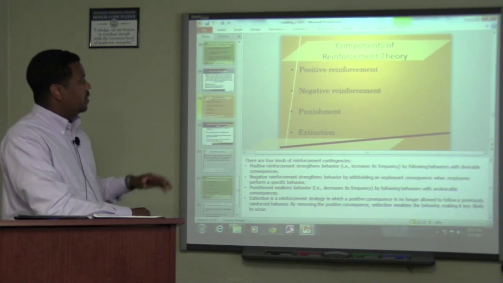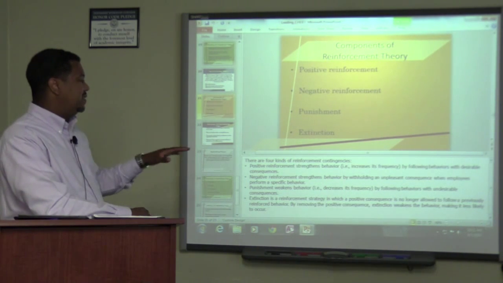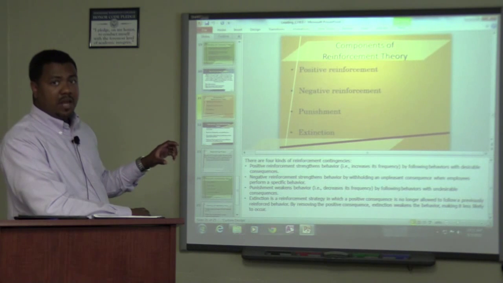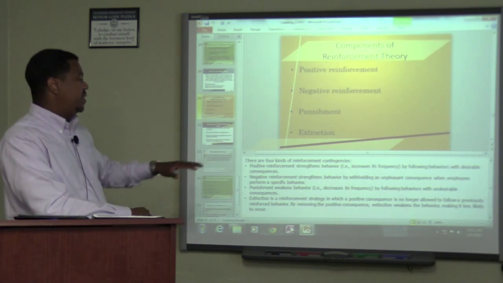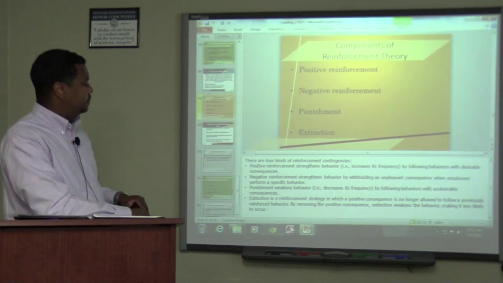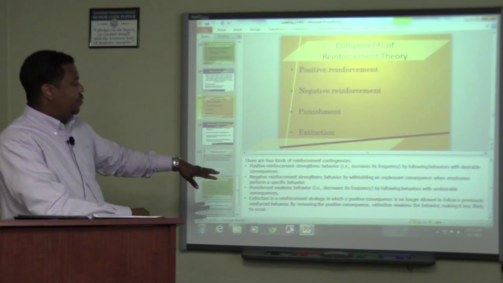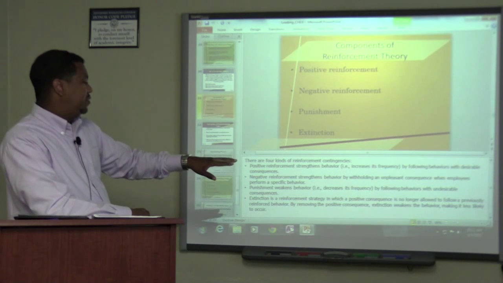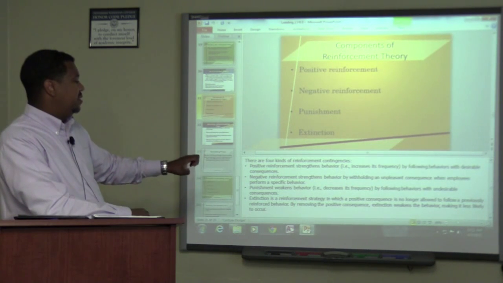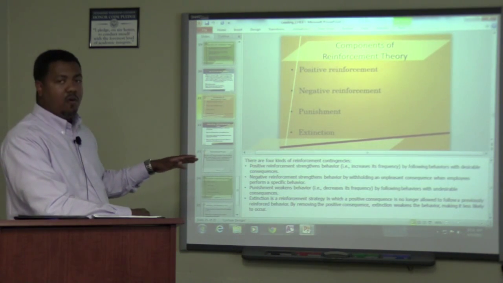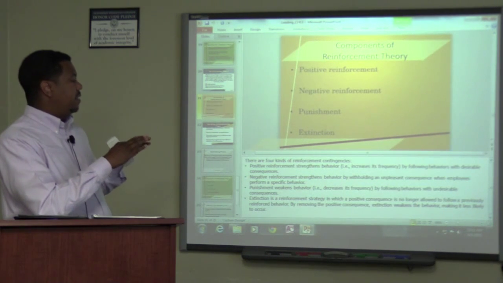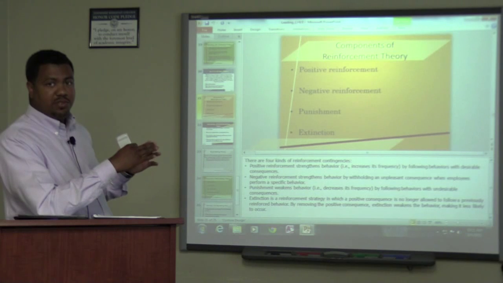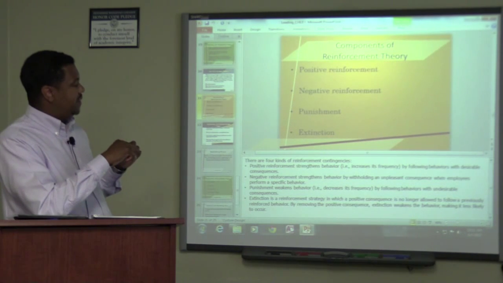some type of positive reward. Negative reinforcement is identifying certain consequences that are unpleasant for employees when they exhibit a certain type of behavior. Punishment weakens behavior by making sure we have a clear, concise method to deliver a negative reaction or consequence as a result of an employee exhibiting some type of behavior.